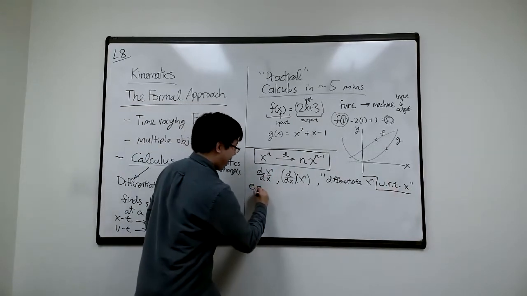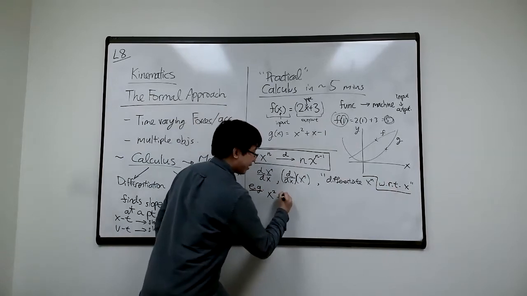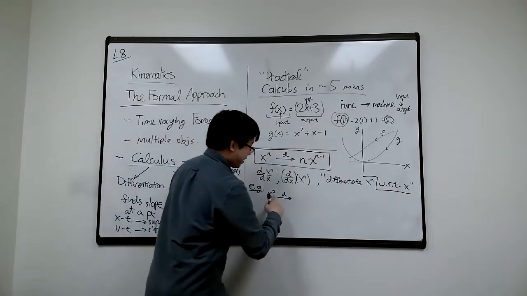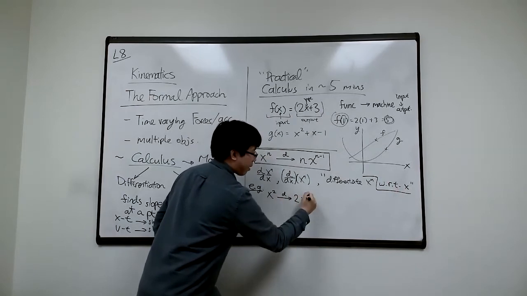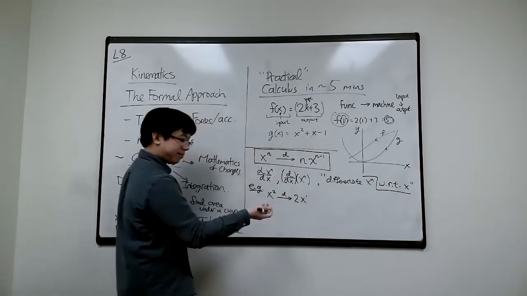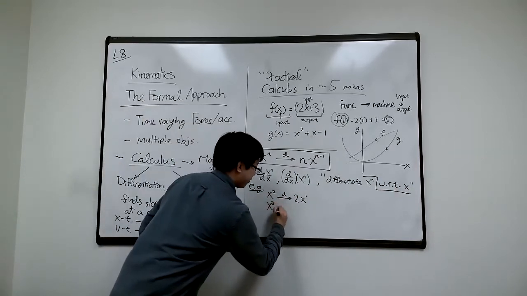So if I have x squared, I'll use the unofficial notation because it's easier to read. Differentiating that, what you want to do is drag down the 2 and subtract that by 1. Well, x to the power of 1 is just x, right? But just for completeness, to see the pattern, right? So what's x^3 differentiated?